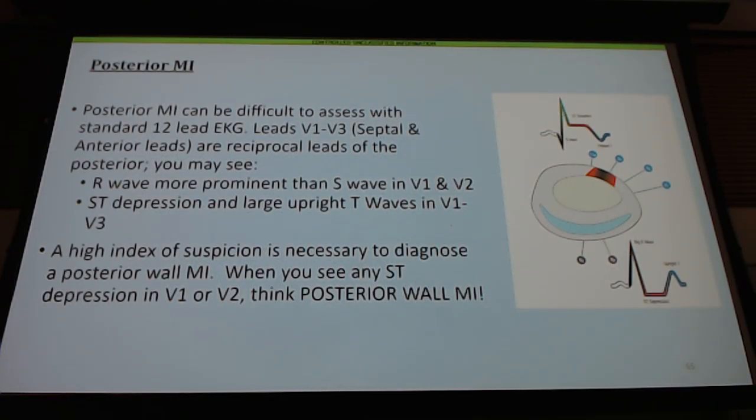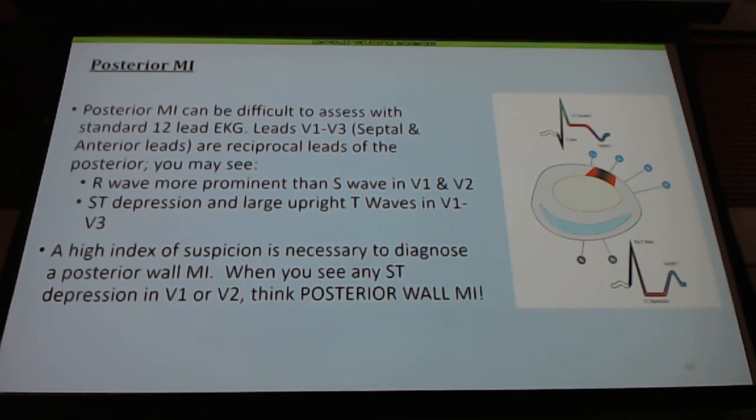Posterior walls. So we said, look for posterior wall MIs with evidence of an inferior wall MI because of the blood flow from the right coronary artery perfusing the posterior wall. But there may be some other changes that we can see on our EKG to make us suspicious for a posterior wall MI.